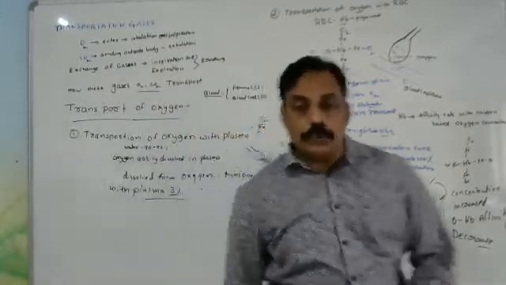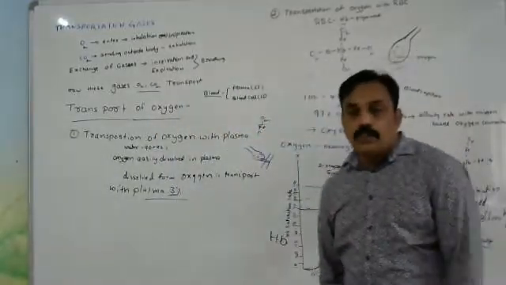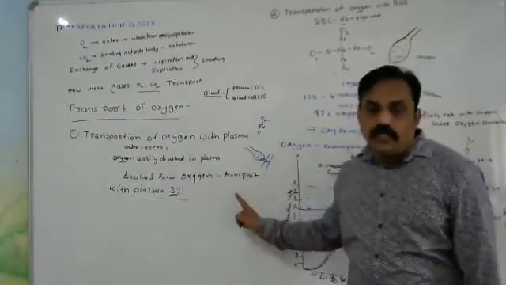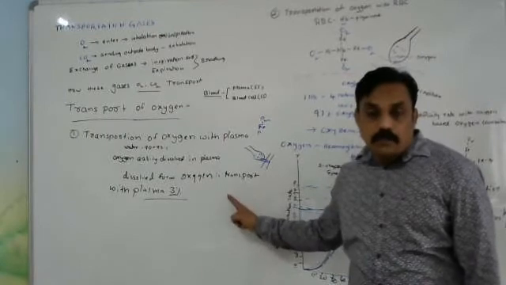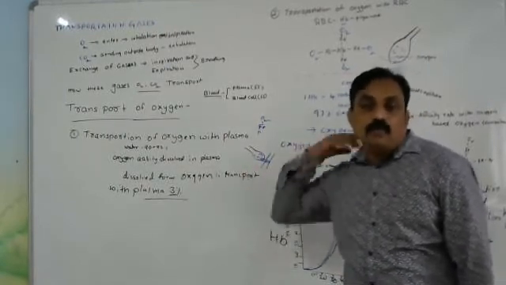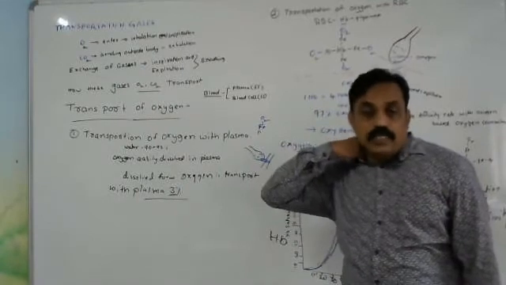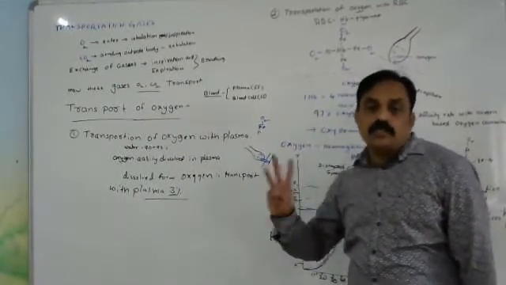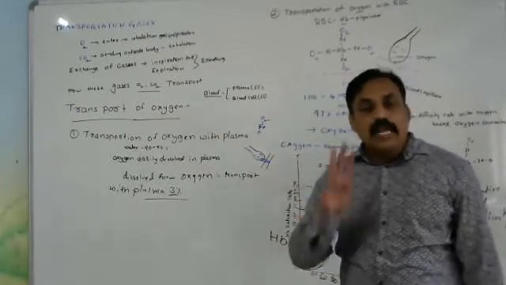Okay, now we are going to discuss the transportation of oxygen. Oxygen is transported only 3% with plasma, in dissolved form. In plasma, the water content is more, so oxygen is easily dissolved in water, so that 3% of oxygen is transported in plasma.